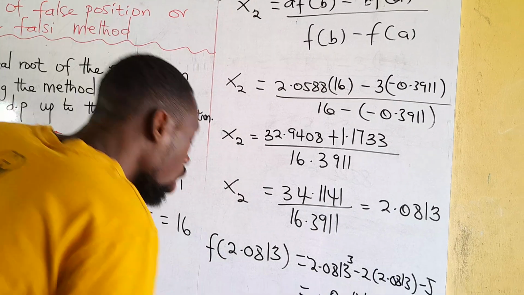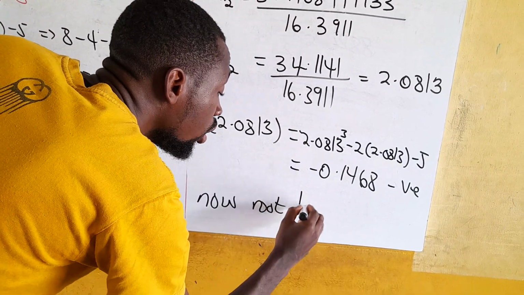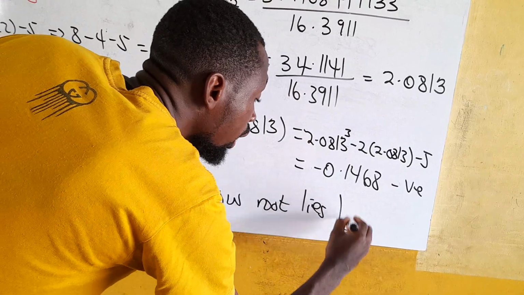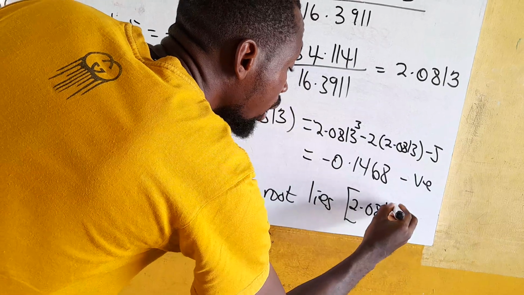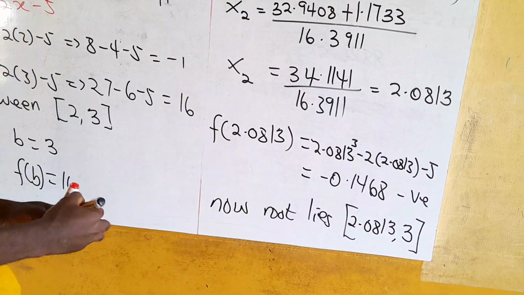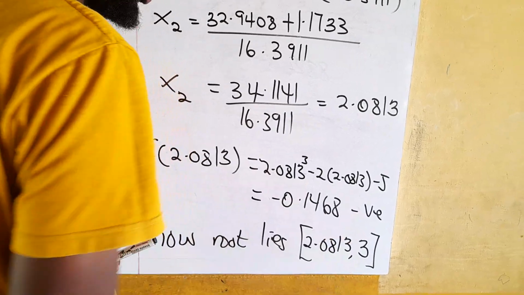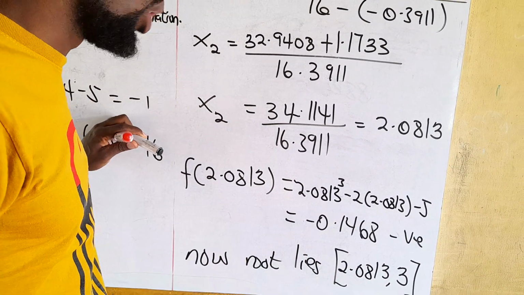and it is the A that it will replace. So now we say the root lies within the interval 2.0813 and 3 close. I hope you get that. We use this to find our third approximation, for that matter the last one according to the question.